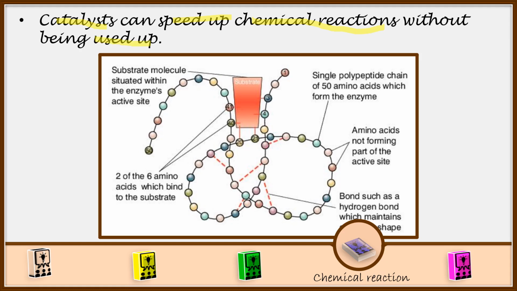So an enzyme is in the class of chemicals called catalysts. These catalysts speed up the rate of a chemical reaction and they are not used up, meaning they are not changed by the reaction they take part in.